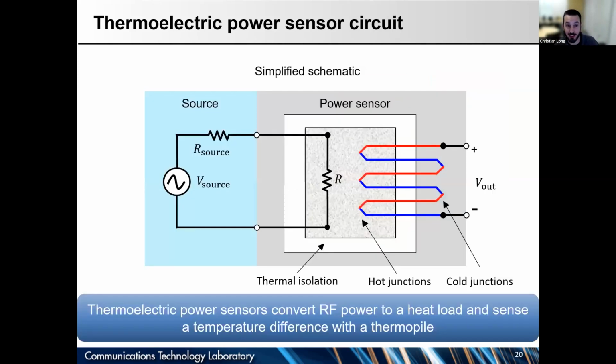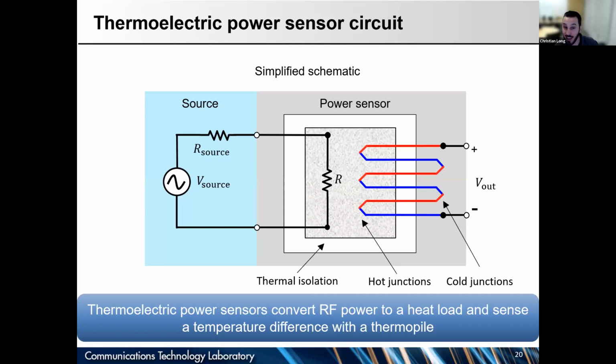The way you do that is to take a source power and terminate it with a load that converts the power into heat. And that heats up some thermally isolated object. Sometimes there's a microfabricated membrane that thermally isolates a sensor element from the thermal environment around it.